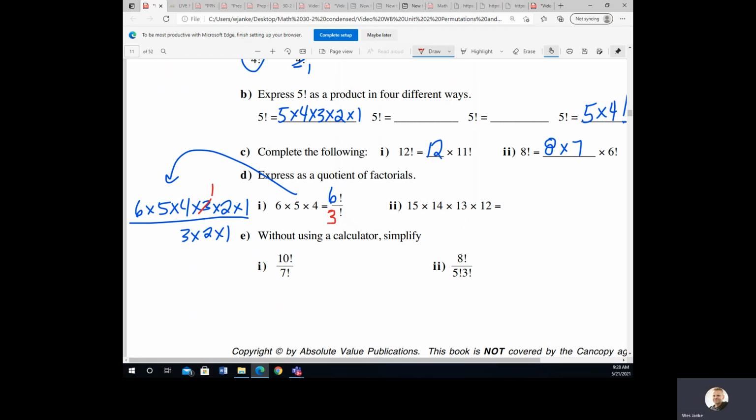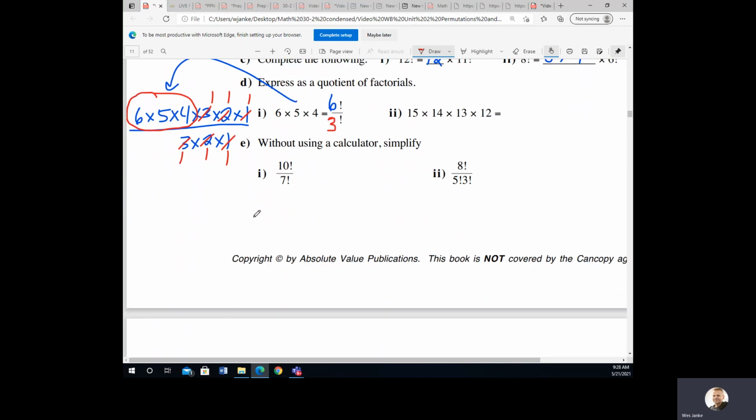So the 3 here cancels with the 3 below, this 2 with this 2, and this 1 with this 1. So what you're left with when you go 6 factorial divided by 3 factorial, you're left with 6 times 5 times 4.